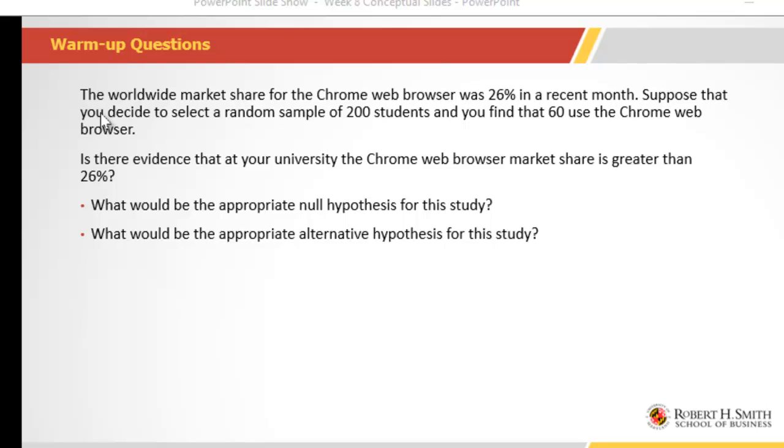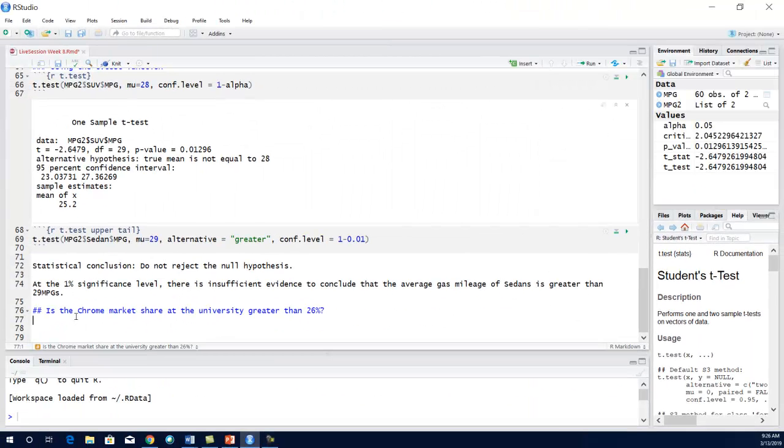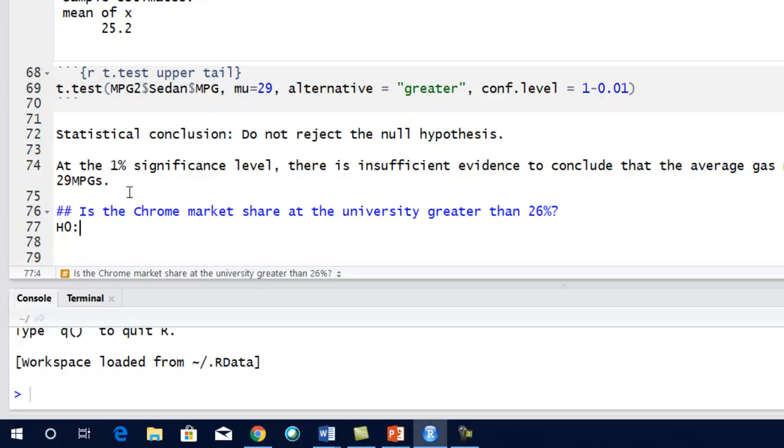All right, so we're going to start defining the null and the alternative hypothesis for this question. I'll write it here in RStudio. The null hypothesis, and I restated the question here: is the Chrome market share at the university greater than 26%?